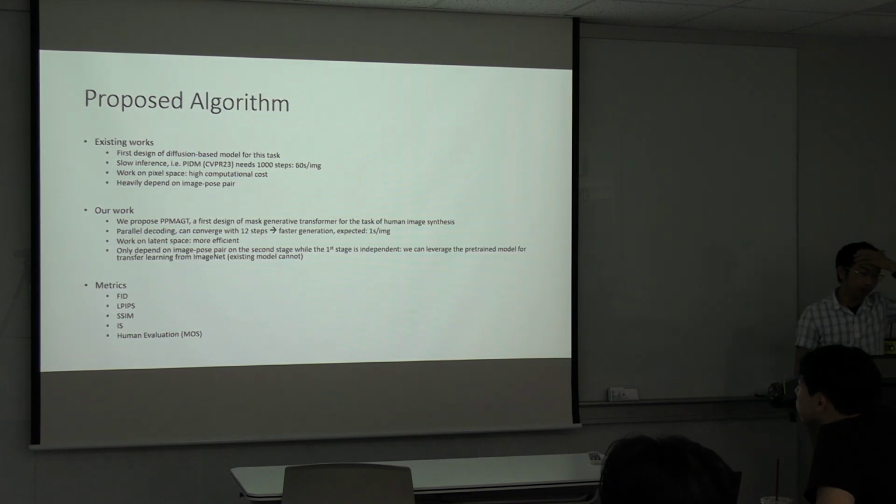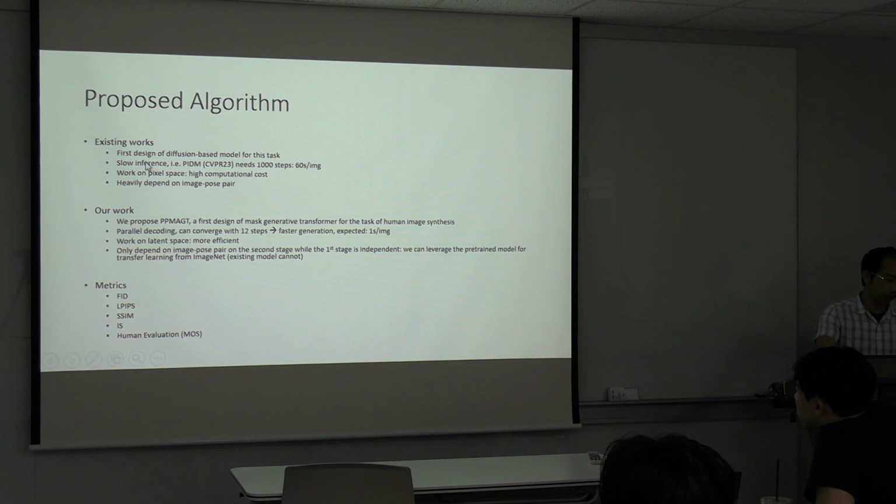Compared to the existing methods, when I check the state-of-the-art models based on diffusion, they need around 1,000 steps to generate one image, around 60 seconds, and working in pixel space is very complex, of course.